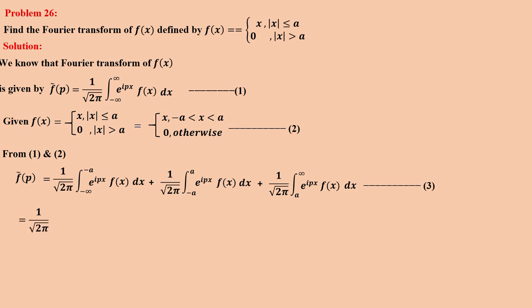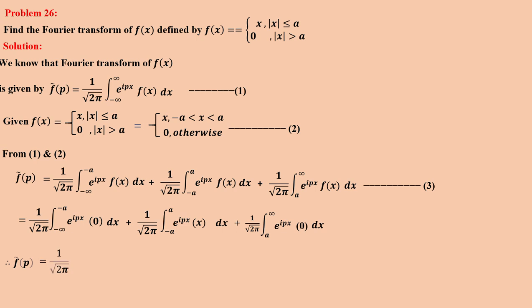First, 1 by root 2 pi integral minus infinity to minus a e power i p x, in that interval the value of f(x) is 0, dx, plus 1 by root 2 pi integral minus a to plus a e power i p x, in this f(x) is x, dx, plus 1 by root 2 pi integral a to infinity e power i p x, in this interval f(x) is 0, dx.